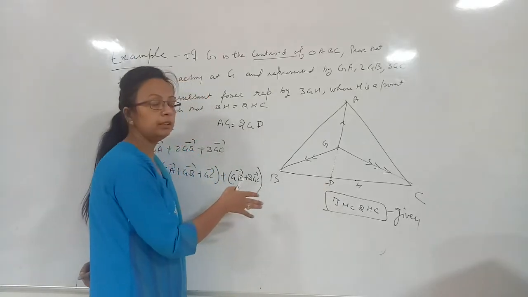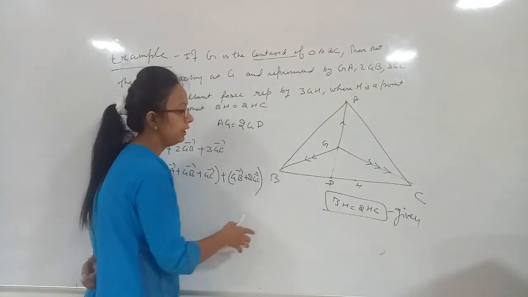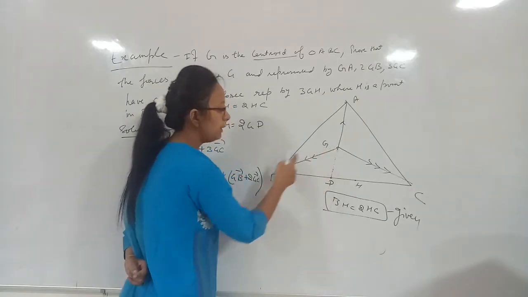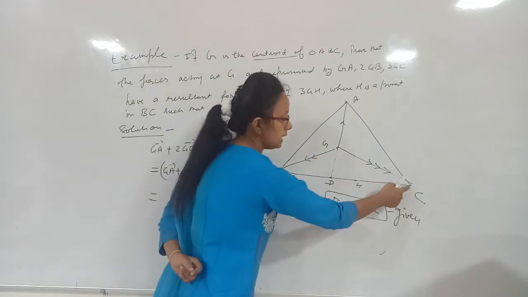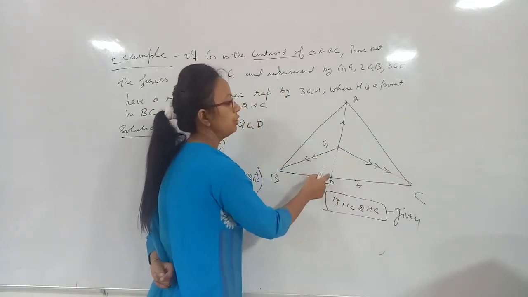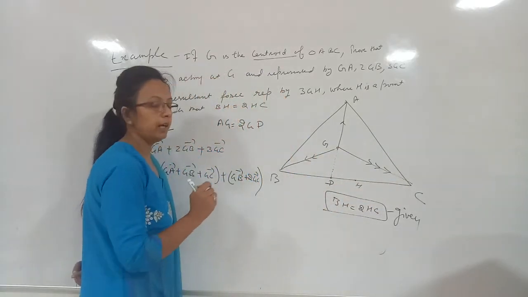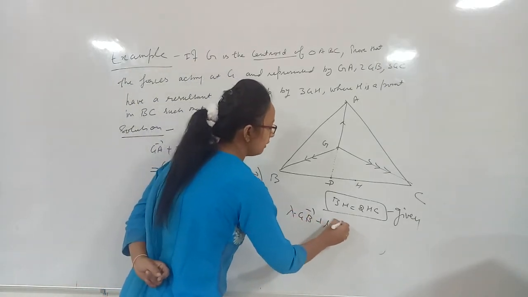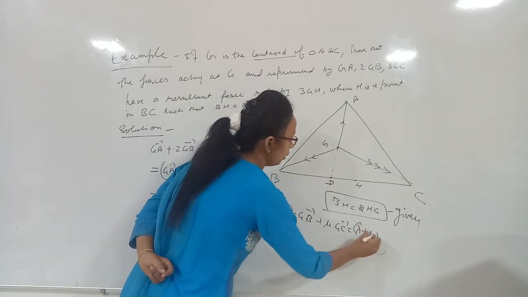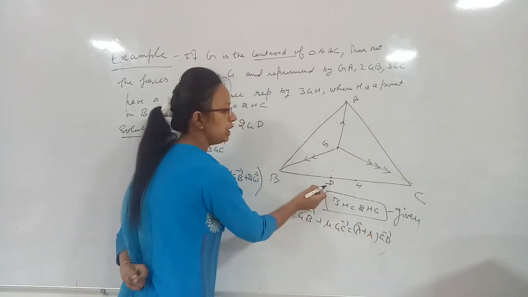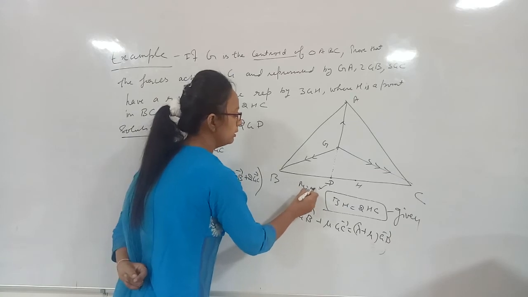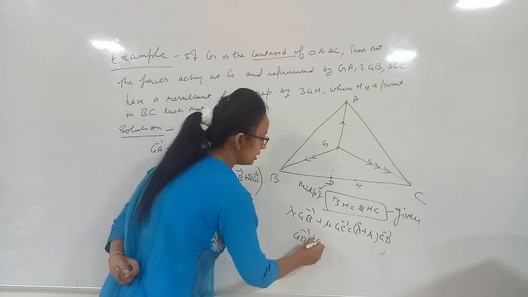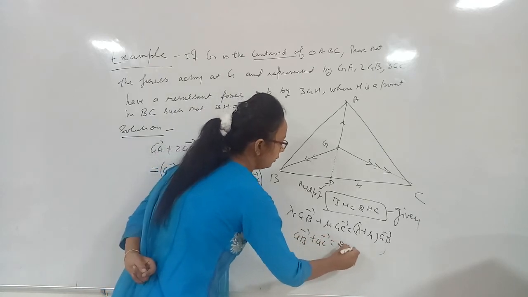We just studied in the corollary of the lambda mu theorem that if D is the middle point, then GB plus GC will be equal to 2 times GD. Like lambda GB plus mu GC is equal to lambda plus mu times GD, but since here D is the midpoint, lambda is 1 and mu is 1, so we have GB plus GC equal to 2 times GD.